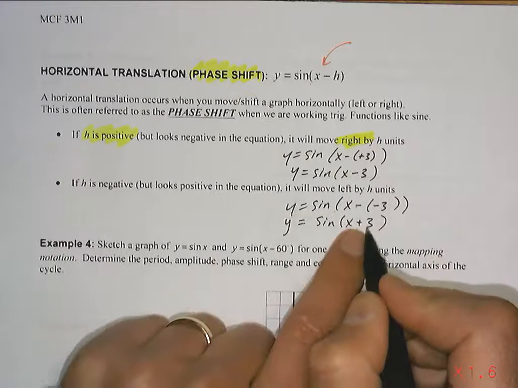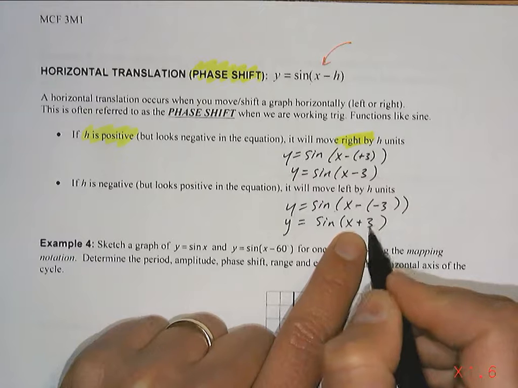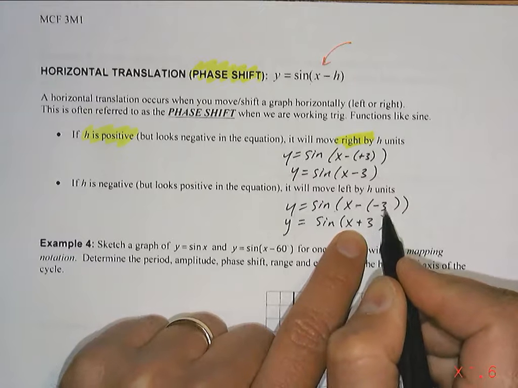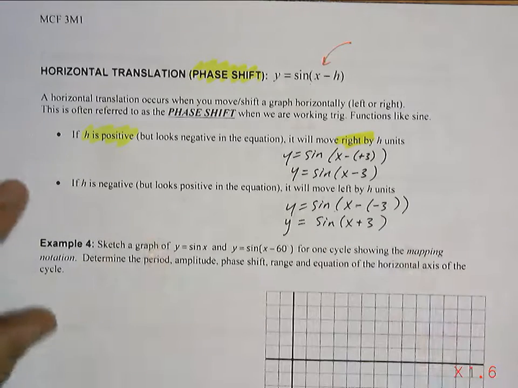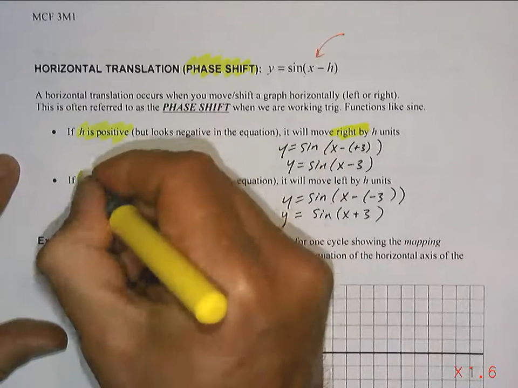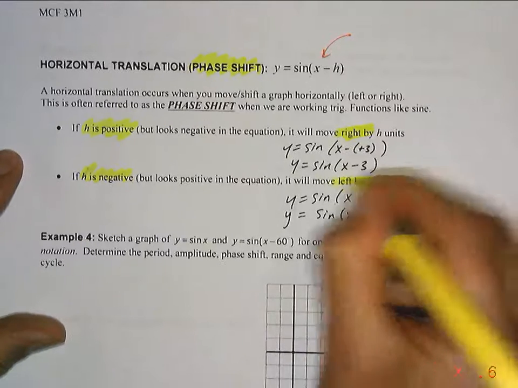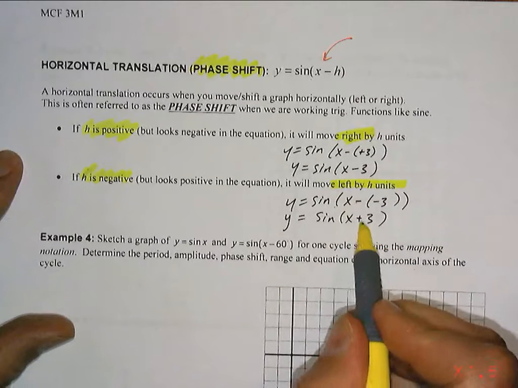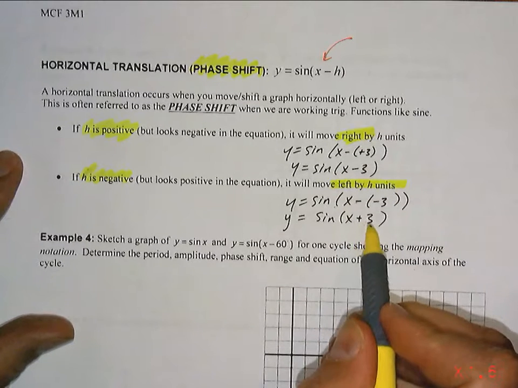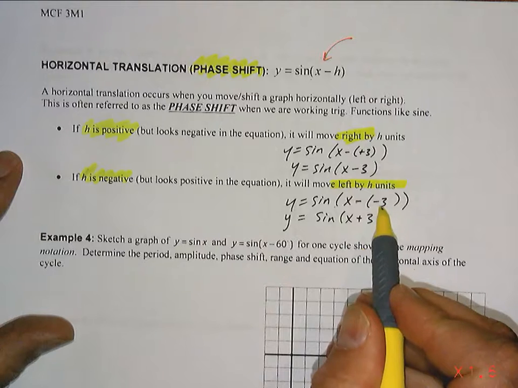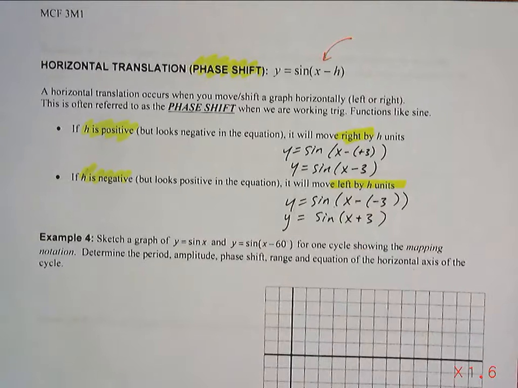So when it looks like this, we have to remember that the h value is negative. And when the h value is negative, it's going to be a shift to the left, even though it looks positive here. To get that, the h value had to be negative. And we ran into this before with the vertex in a quadratic.